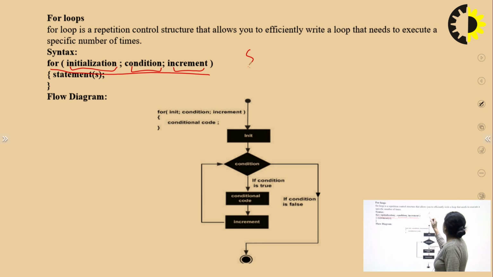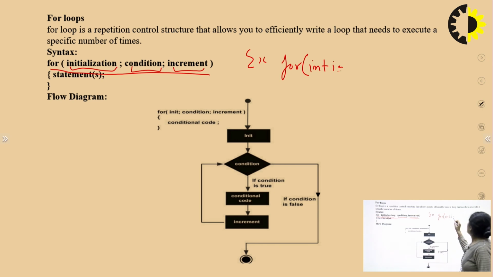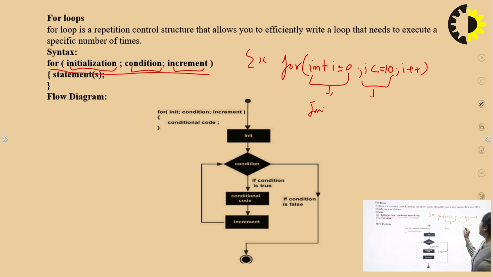For example, if we write for (int i = 0; i <= 10; i++), this is the initialization, this is the condition, i <= 10, and this is the increment, i++.